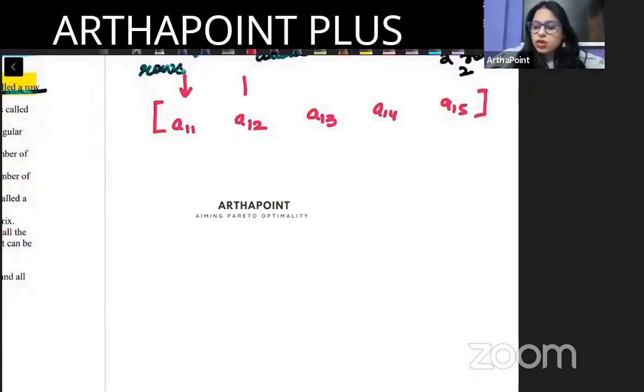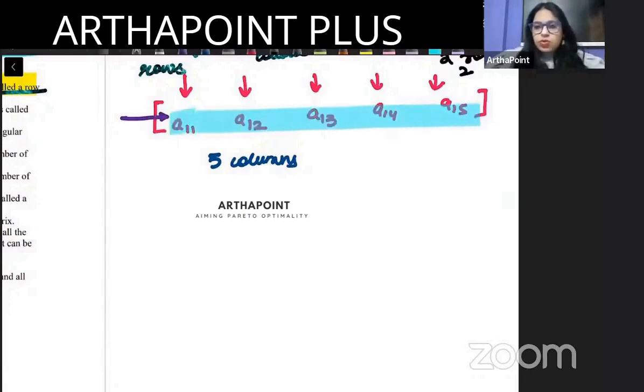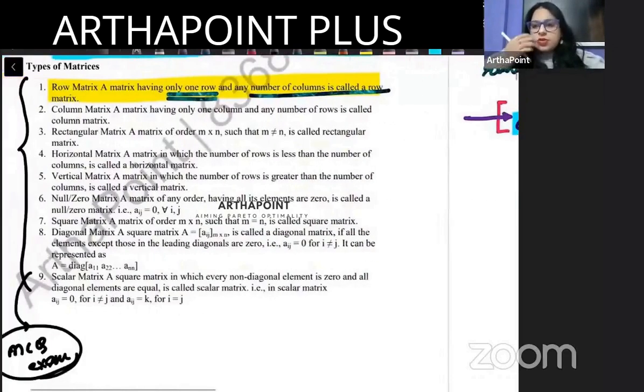Column number 1, column number 2, column number 3, column number 4, column number 5. So there are 5 columns. But there is only one row ना. Row तो एक ही है ना. There is just this one row. So if you have just one row, but you have multiple columns, then that becomes a row matrix. उसको हम row matrix बोल देते हैं.